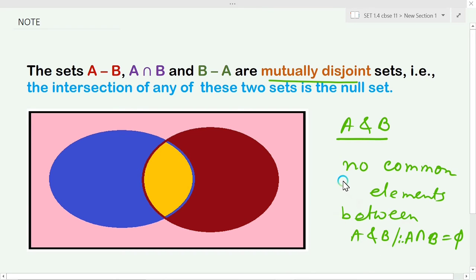If the intersection of any two sets is phi, then these two sets are called mutually disjoint sets.